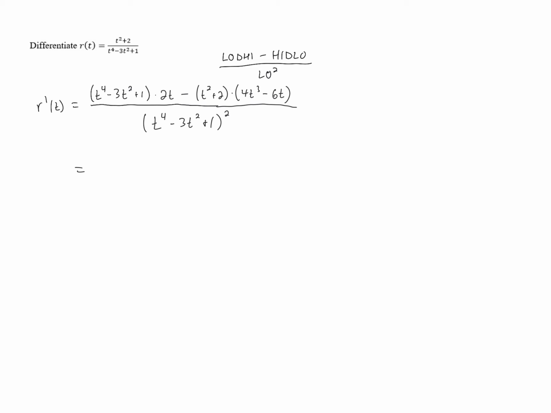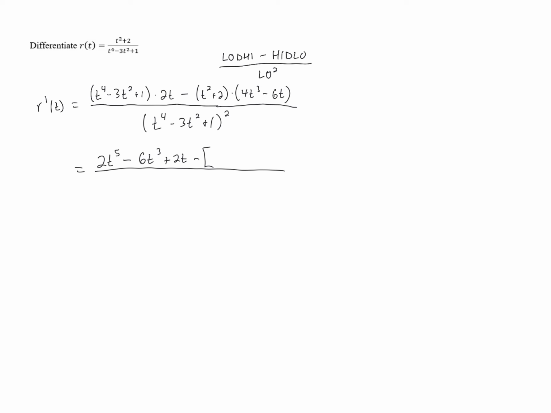We need to start by distributing that 2t into the first set of parentheses. So this is going to give us 2t to the fifth when we multiply 2t by t to the fourth, and then minus 6t cubed plus 2t, minus, we've got a product of two binomials, so we're going to FOIL that out, and then we're going to distribute that subtraction sign.